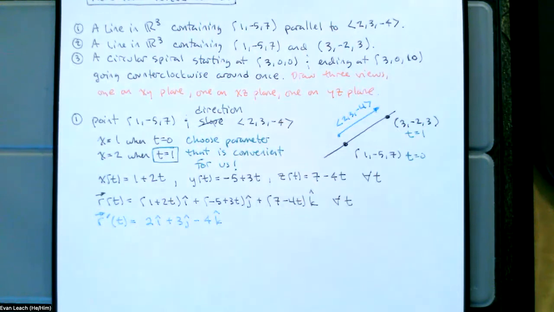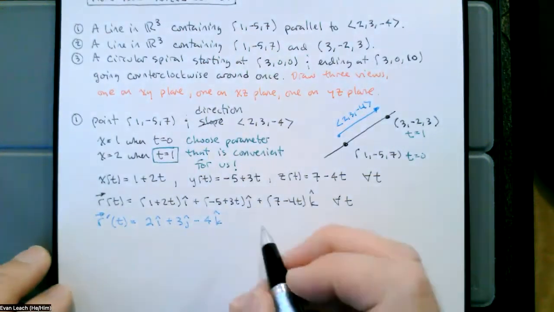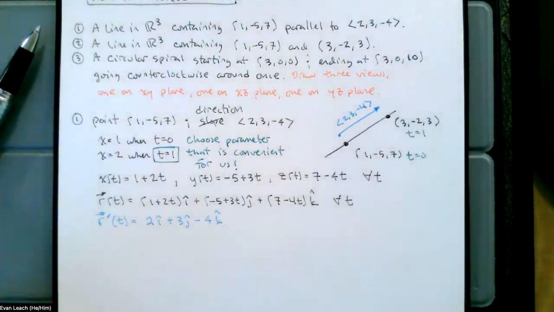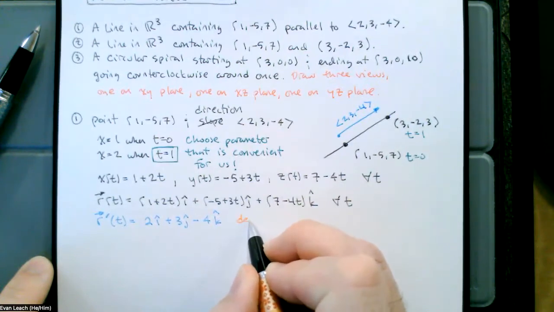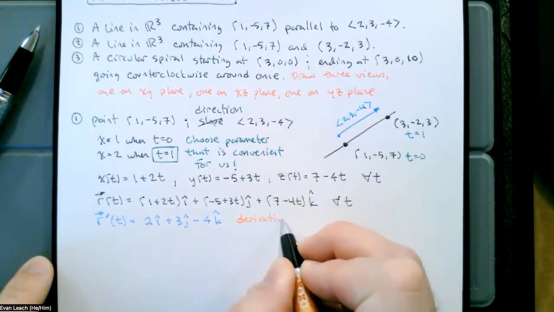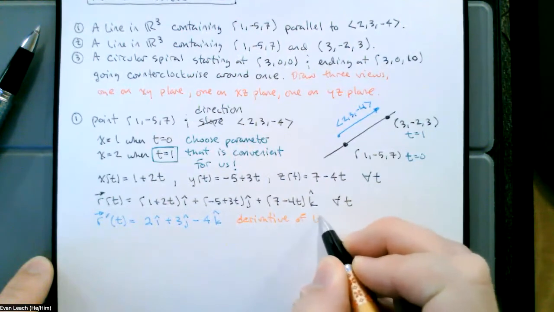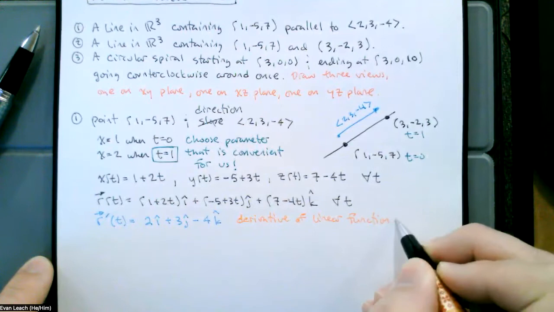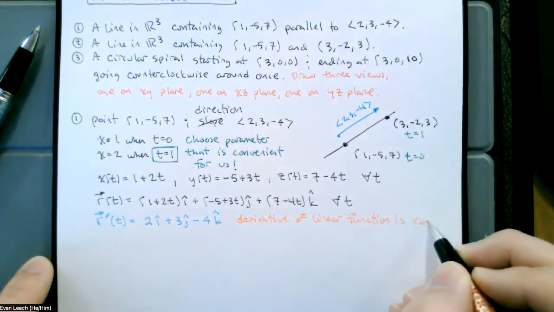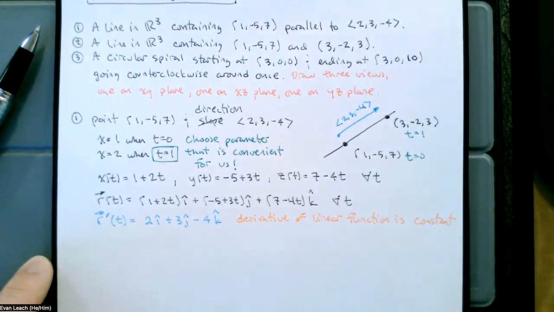This is the direction that we wanted to go with. This is the slope of our line. The derivative of a linear function is constant, and that constant is the slope of the line.